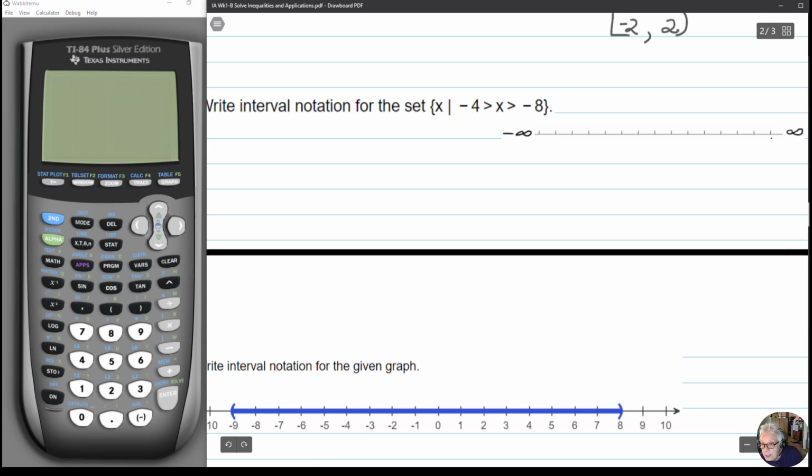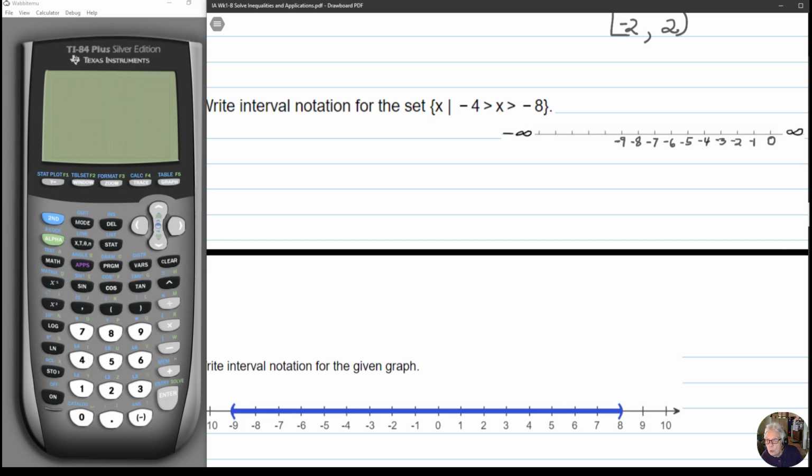So I'm going to let this be 0. And I'll have -1, -2, -3, -4, -5, -6, -7, -8, and I'll put one more number just to give a context, -9.